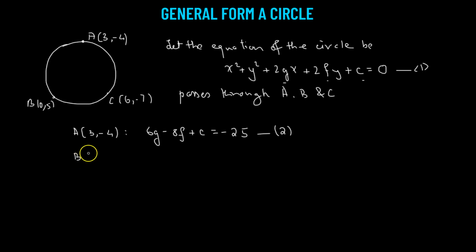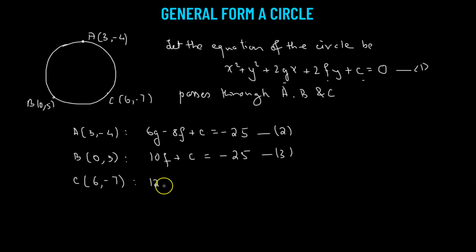Then if we take point B, which has the value 0, 5, and substitute into the equation, we're going to get 10f plus c equals negative 25. We're going to call it equation number 3. And then we have point C with coordinate value 6, negative 7. That's going to give us the equation 2g minus 14f plus c equals negative 85. So let this be equation number 4.